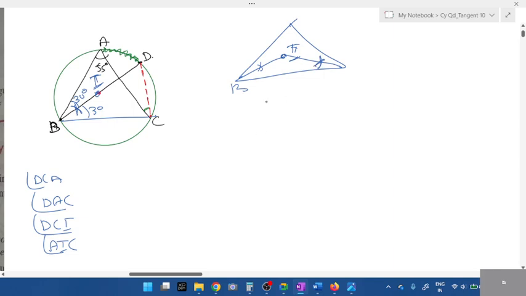So you'll write like this, students. Angle ABI is equal to angle IBC, that is equal to 60 divided by 2, 30 degrees. Write this statement first.